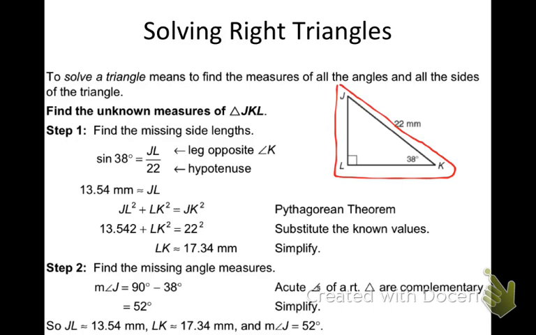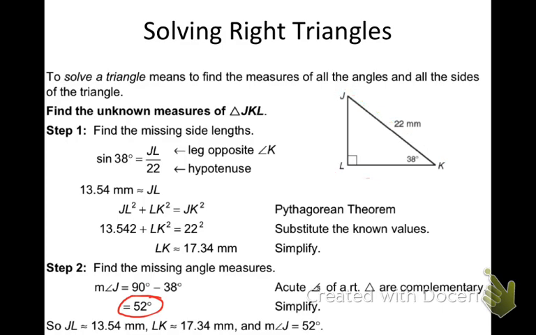Okay, so if I have a triangle like this, can I find angle J right away? What would angle J have to be? 52 degrees. That's not very tough. I didn't have to use anything we just learned right there. I know that angle has to be 52 degrees.